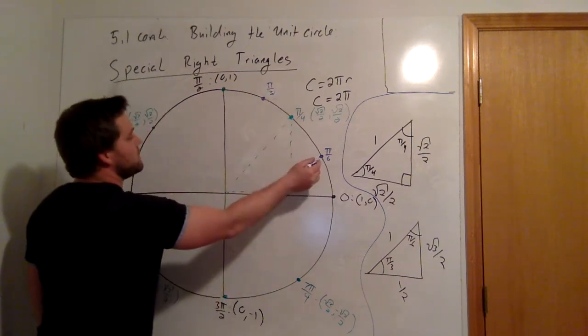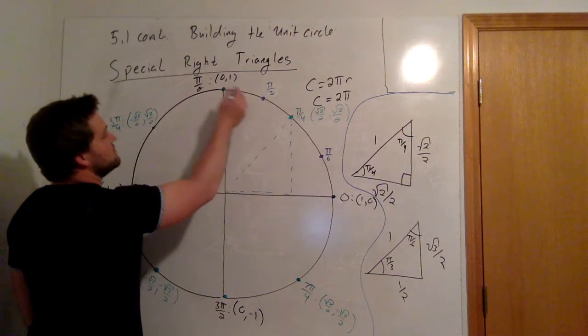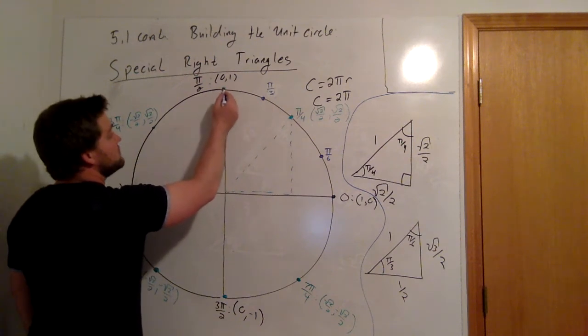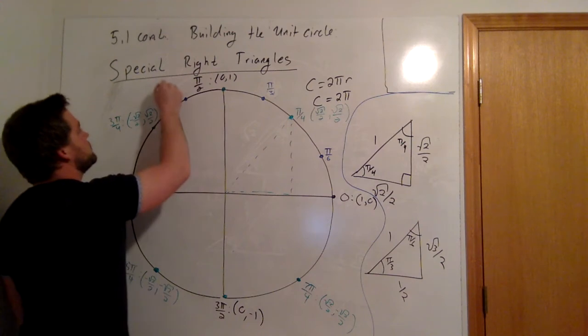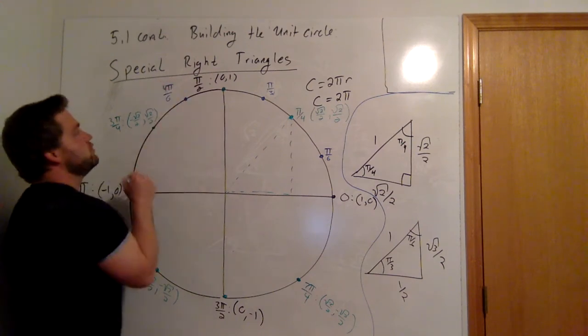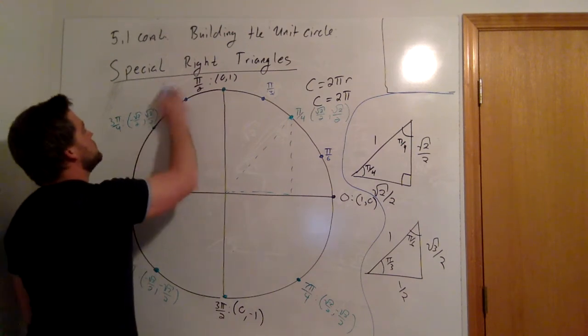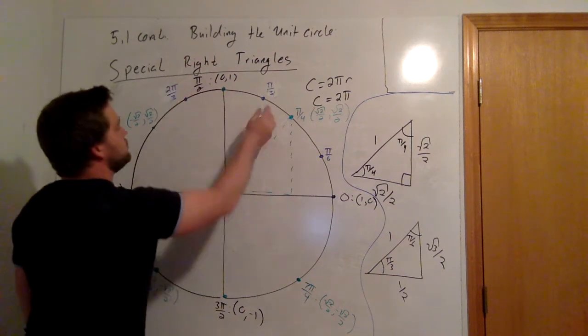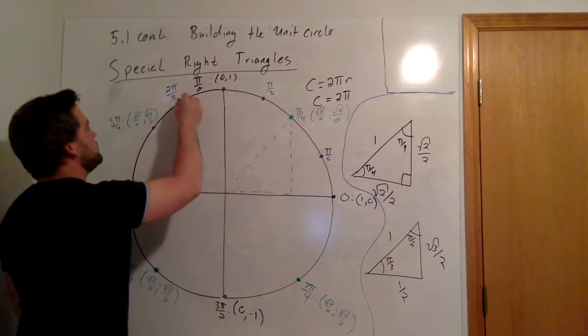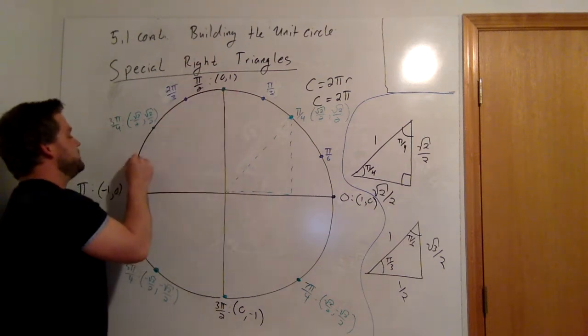So 1 increment of pi over 6, 2 increments of pi over 6. This would be 3 increments of pi over 6, which would reduce to pi over 2. This will be 4 increments of pi over 6, which reduces to 2 pi over 3. So 1, 2, 3, 4 increments of pi over 6, 5 increments of pi over 6.